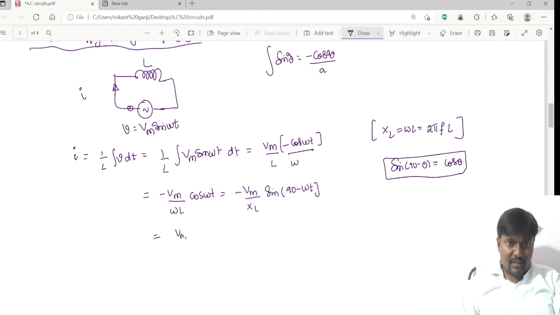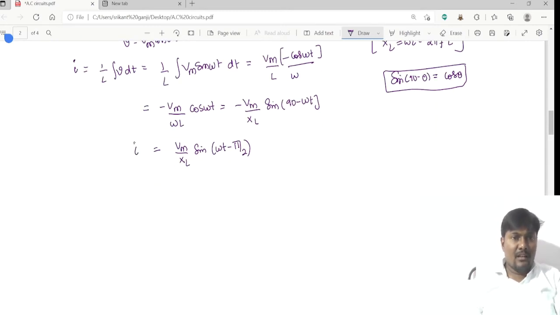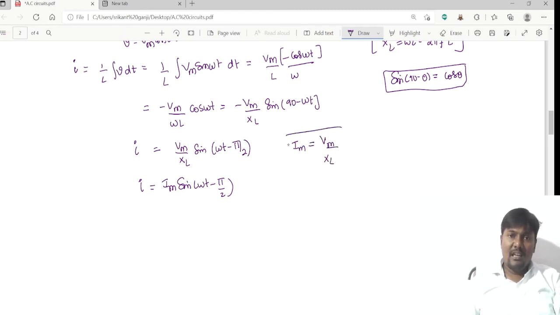So taking the minus sign inside, sine of omega t minus pi by 2. And the instantaneous value of the current is i = I max sine of omega t minus pi by 2. Here I max is equal to V max divided by XL.